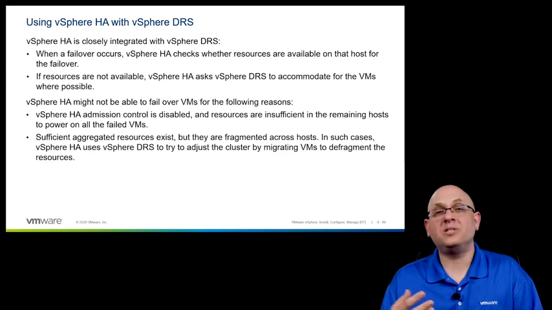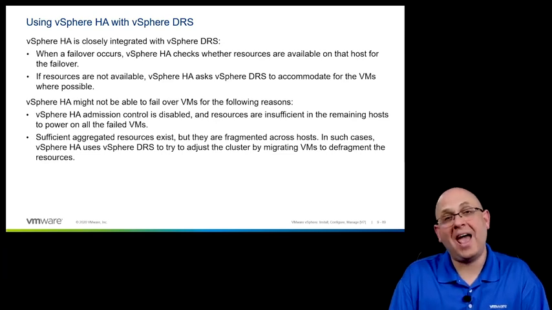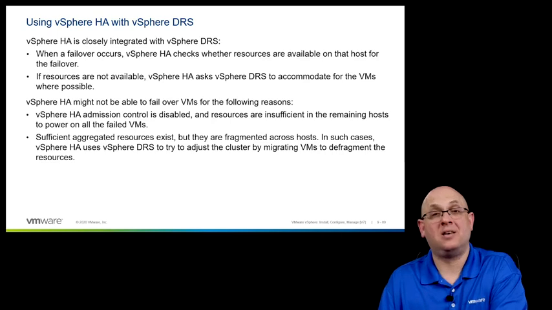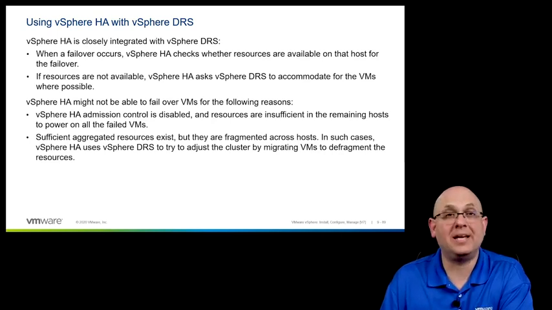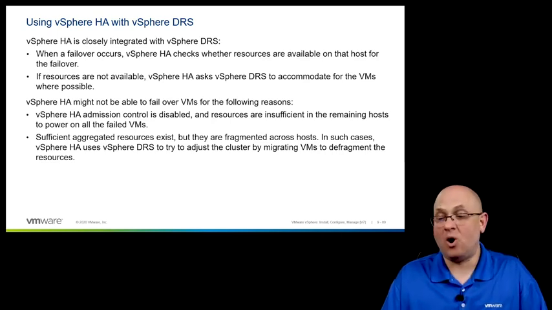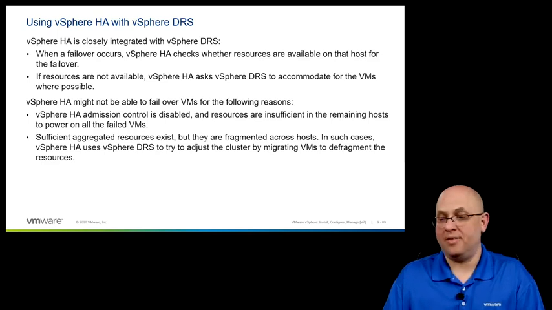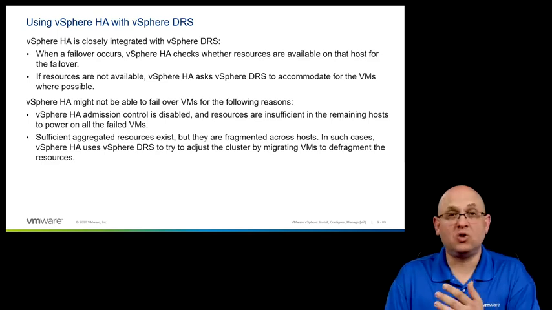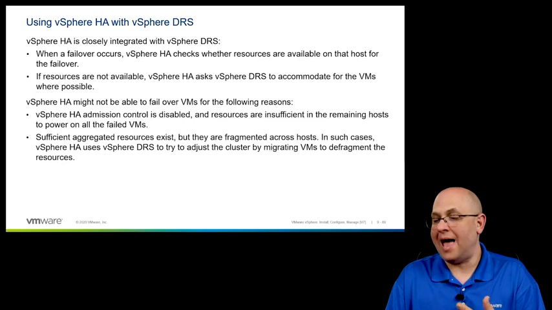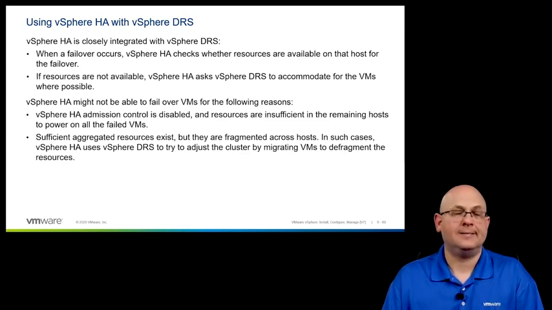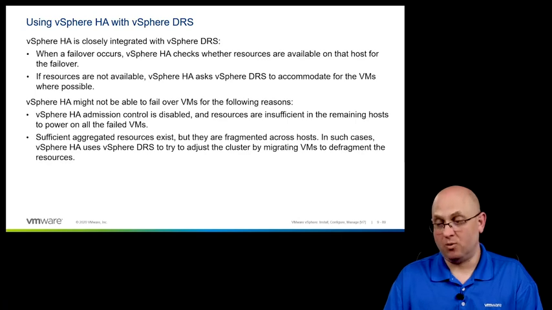Now, are there some situations where HA can be blocked by DRS from doing its thing? Yes, there are. And they have to do with, first of all, admission control, okay, as well as affinity rules.